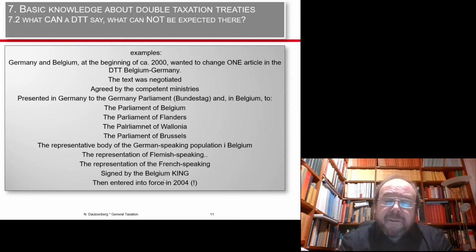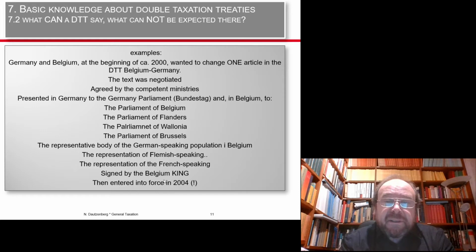That was the Parliament of Belgium, the Parliament of Flanders, the Parliament of Wallonia, the Parliament of Brussels, the representation of the German-speaking population in Belgium, the representation of the Flemish-speaking population of Belgium, and the representative body of the French-speaking population of Belgium. Then it was signed by the King of Belgium and entered into force only 4 years later, or even more, in 2004.